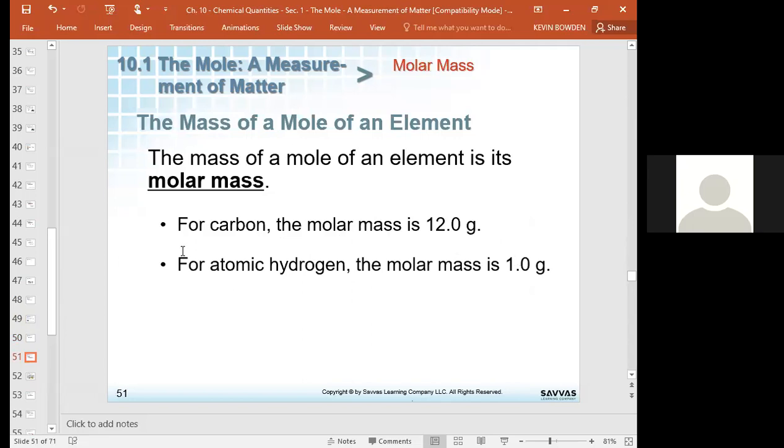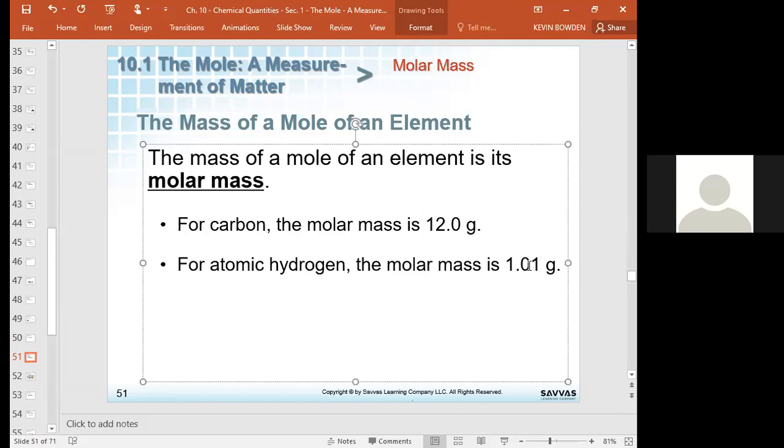Now, if you look at hydrogen, you'll see that that's not the whole story. There are more digits available. Same thing for carbon, but they round to that. You could say hydrogen is 1.01, but 1.01 and 1.0 do not disagree. It's just that one is more precise than the other. We don't need that kind of precision right now. Whether we say 1.0 or 1.01, it's actually saying the same thing.